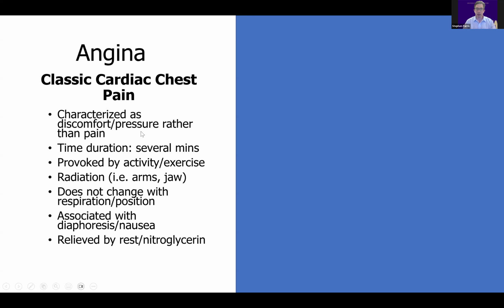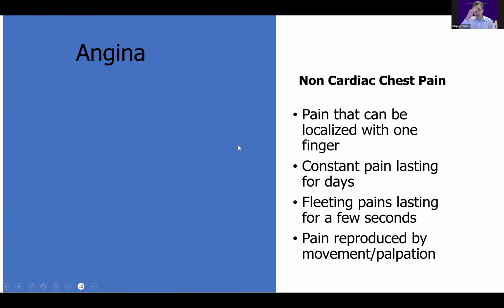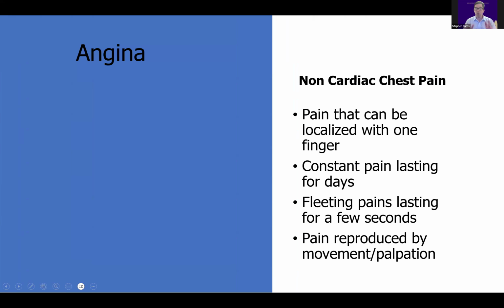However, I want you to disassociate the word atypical chest pain, please, and think about pain that is not ischemic or not cardiac as in non-cardiac pain. Okay. So non-cardiac pain is going to be things that are often sharp, localized, fleeting, comes and goes, has no predictability.